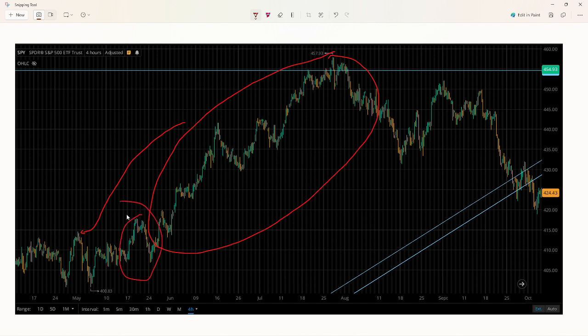Because we already got this. So we're going to see this whole section played out on a more micro scale, to form this last top.